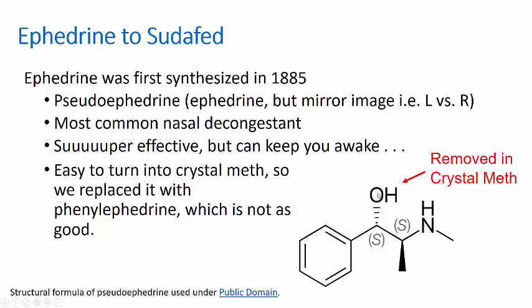And when you remove oxygen, you make things more lipid soluble. And so this guy can cross the blood-brain barrier and really do some wacky things to your brain, which is why it turns from a decongestant into a drug. All right. So because of the removal of that OH group being so easy, we had to outlaw, or at least, outlaw's wrong, control Sudafed.